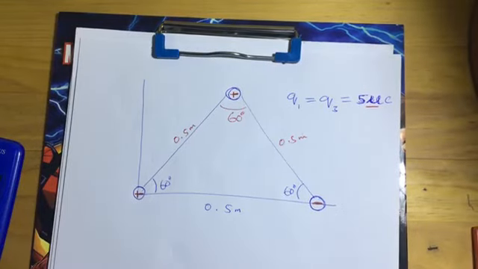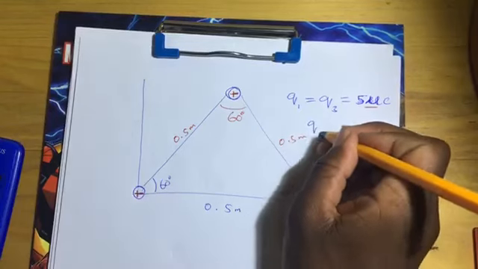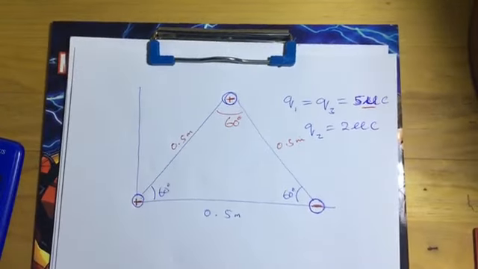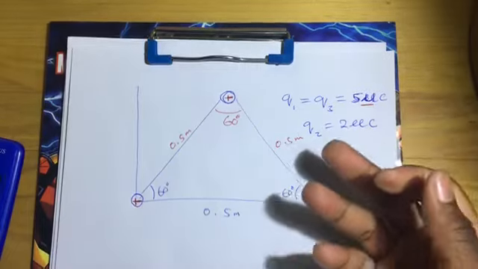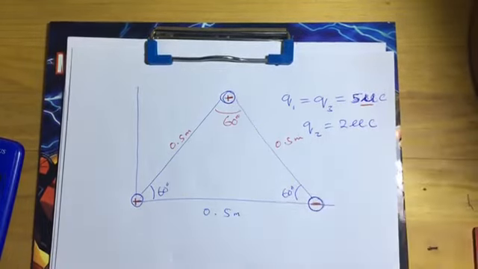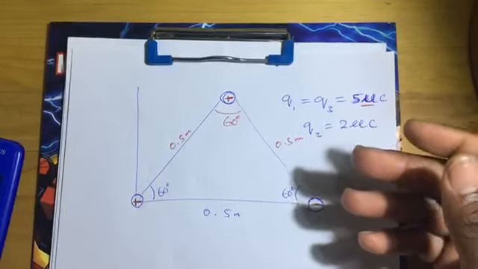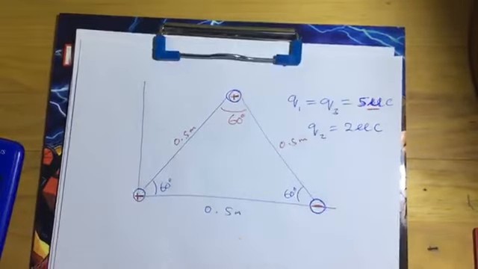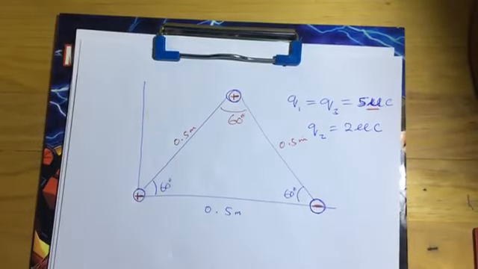Okay, so Q1 is equal to Q3, which is 5 microcoulombs, and Q2 is going to be 2 microcoulombs. We're not really interested in the signs in front of the charges, because the formula has a modulus around each charge. Okay, so to the power of -6, excellent. So these prefixes should be on your fingertips. Okay, let's go.